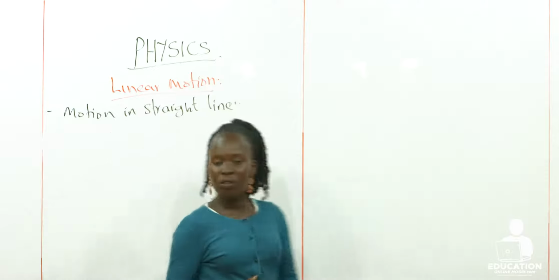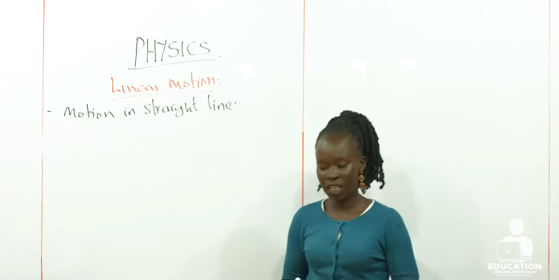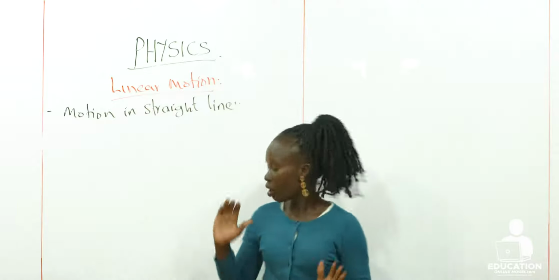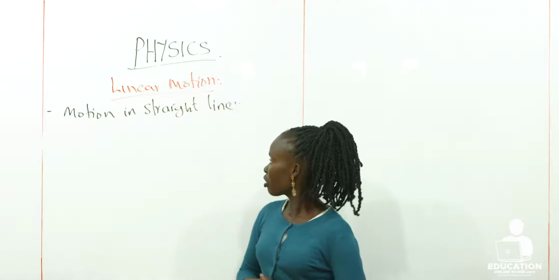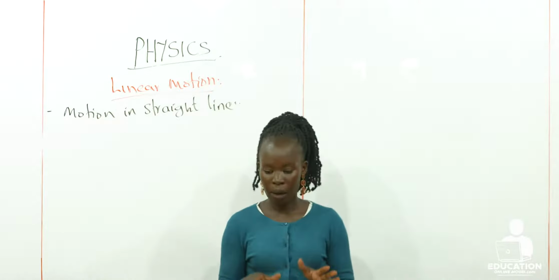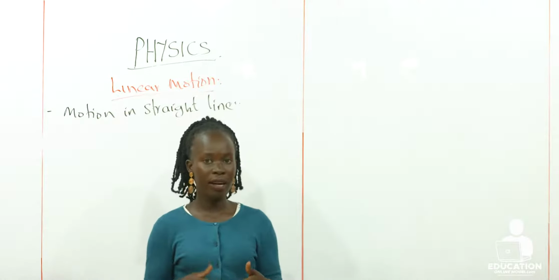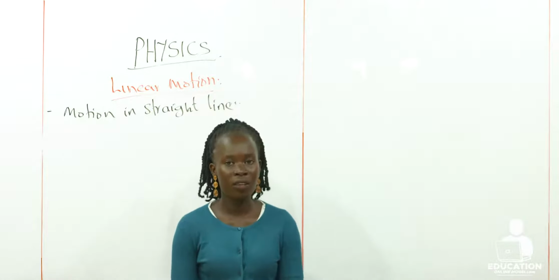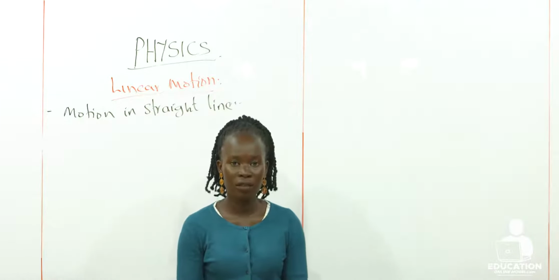So how do you find this motion in a straight line? Let us take a look at a particle at a position x, or we can say a person, an athlete running 100 meters. What does this athlete do? How does 100 meters look like?